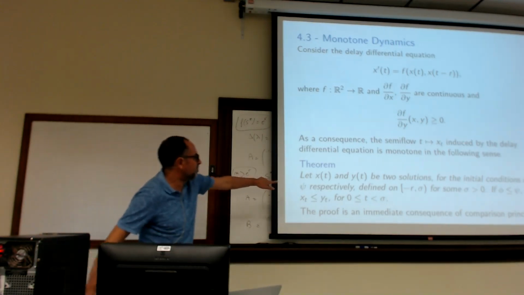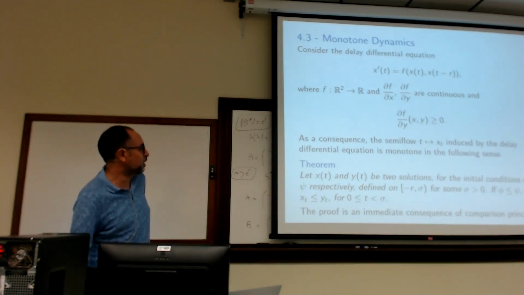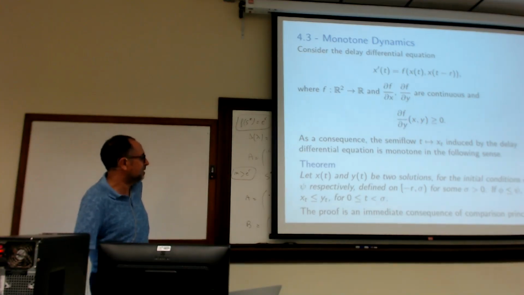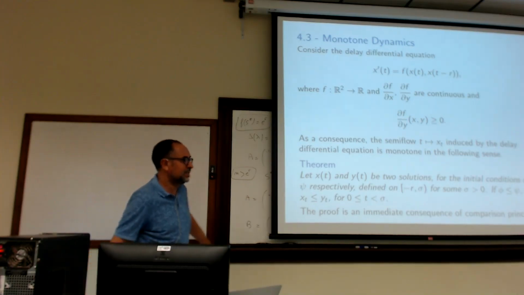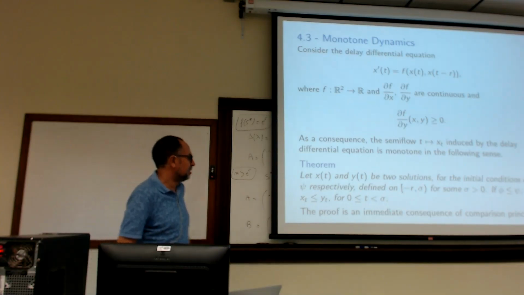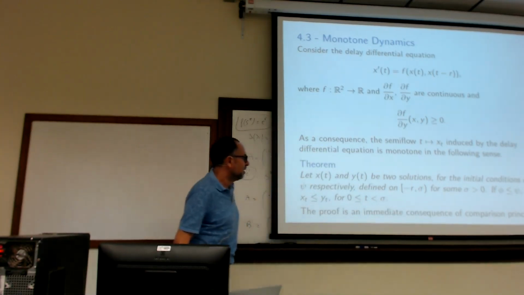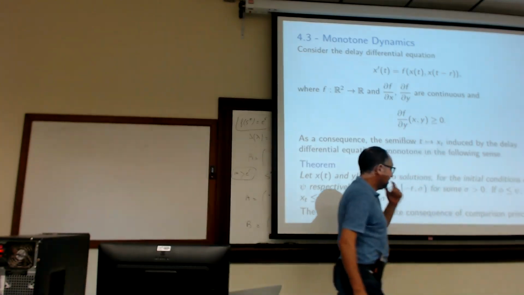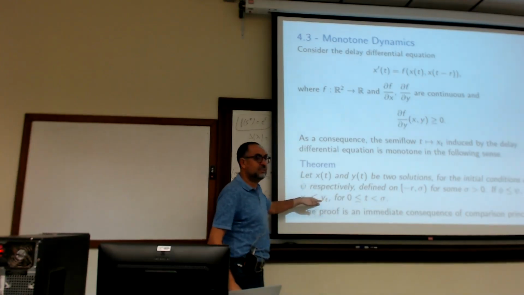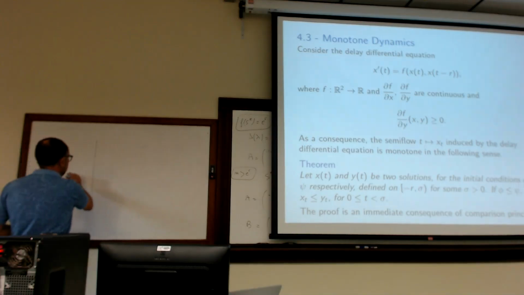We have this theorem, and it's important. If we take two solutions of our system, x and y, for two initial conditions, phi and psi, and if the solutions are defined on minus r to sigma, and if this initial condition is less than this one, then we have this property.